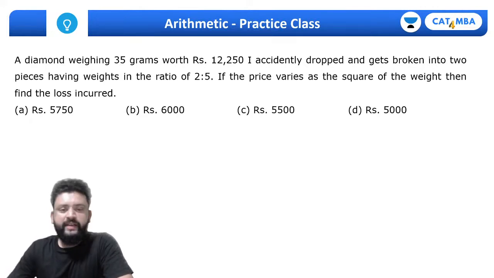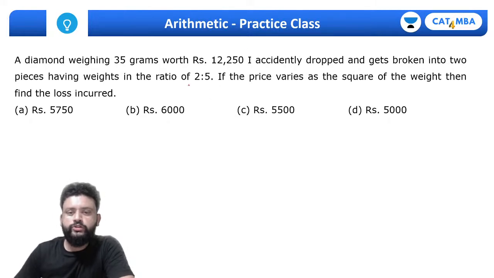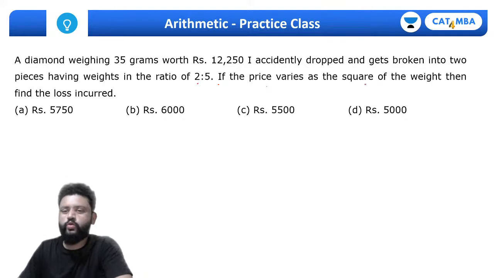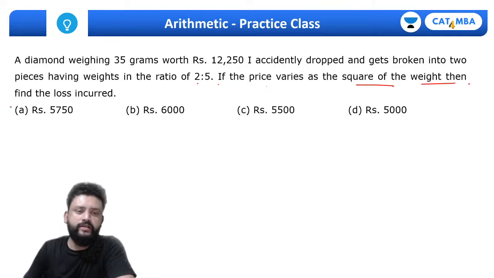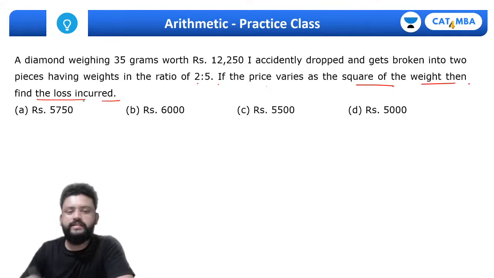A diamond weighing 35 grams is worth 12,250. It is accidentally dropped and breaks into 2 pieces having the weights in the ratio 2:5. The price varies as the square root of the weight. Then find the loss incurred.